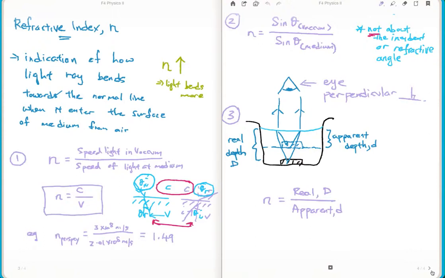So these are the third way, and then the fourth way. The fourth way of getting the refractive index is pretty much like the second way, but now we introduce a new phenomenon. This phenomenon is called total internal reflection.